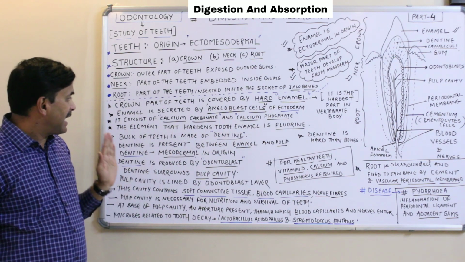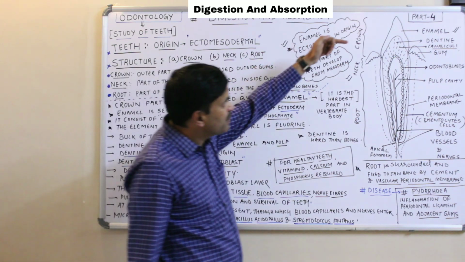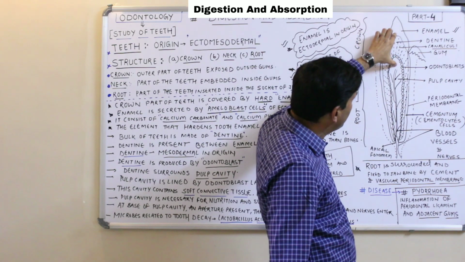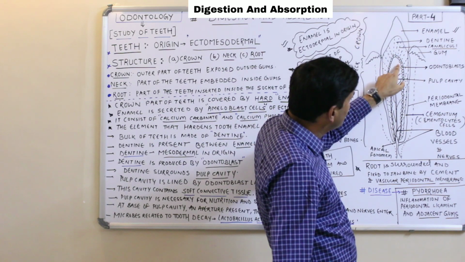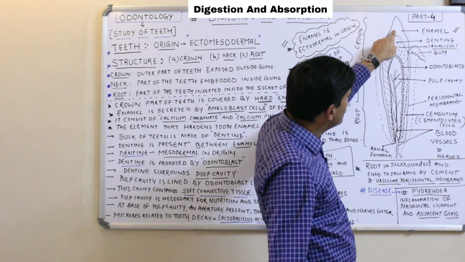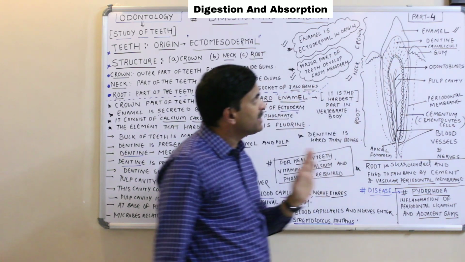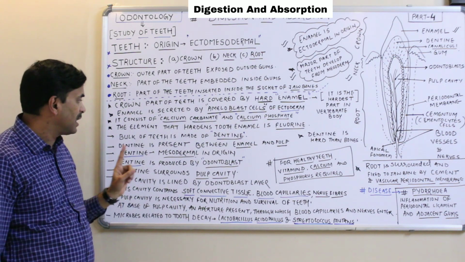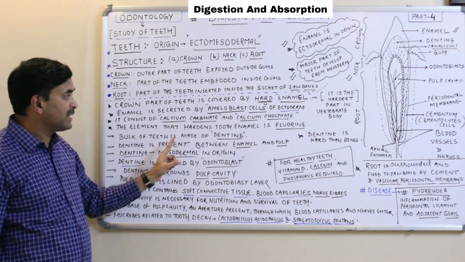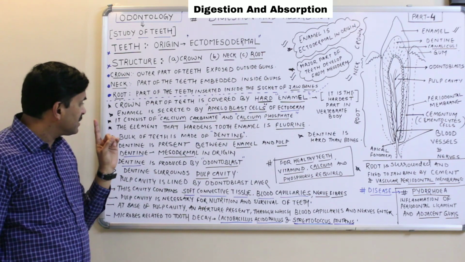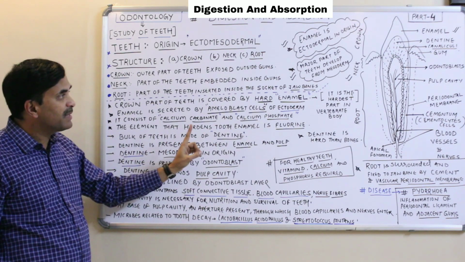Now you can see that between the enamel and the pulp cavity, this is the pulp cavity and this is the enamel, what is found? Dentine is found. The bulk of the teeth is made up of dentine.